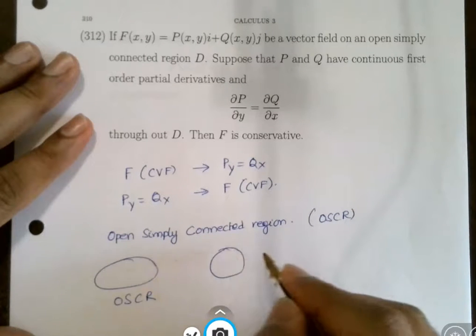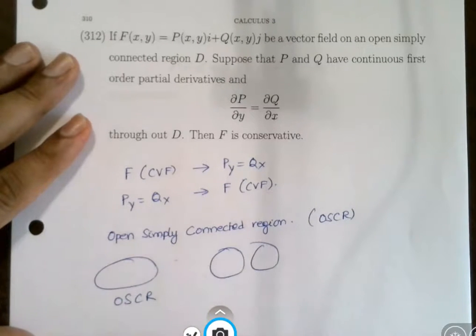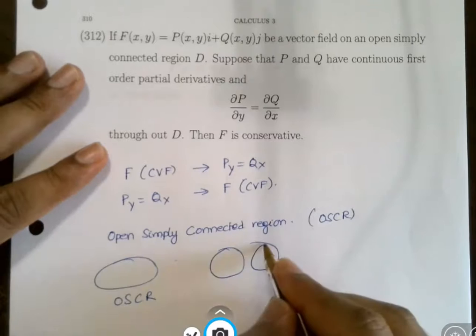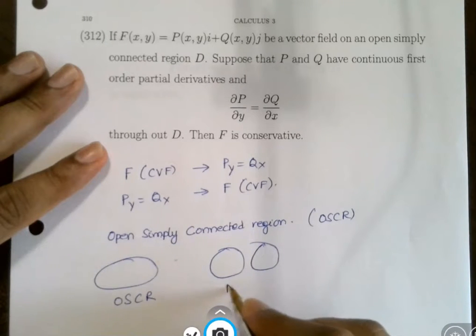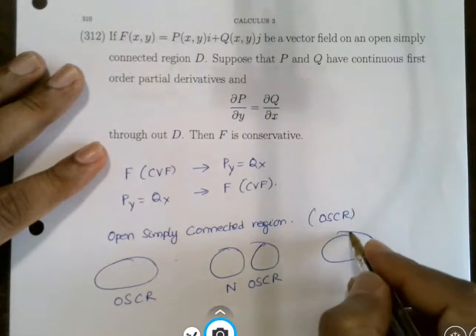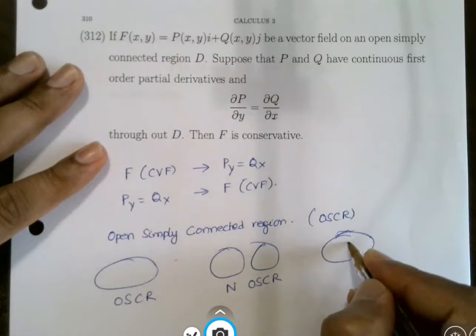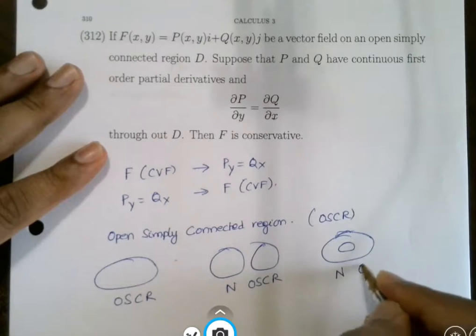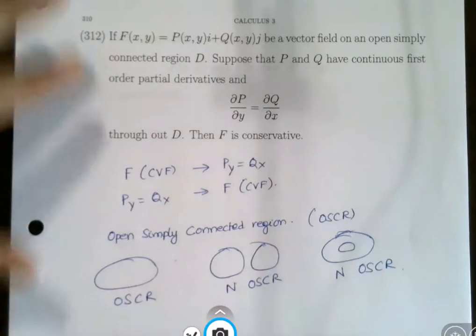But if you have something like this, two circles broken, then this is not an open simply connected region. Or you can have a break inside like this, then this is not an open simply connected region. I hope that is clear.